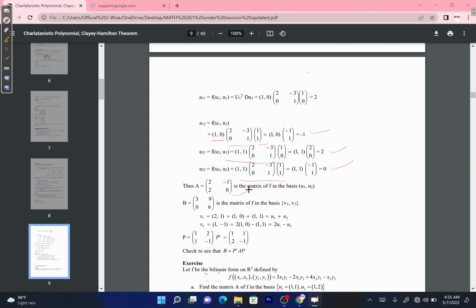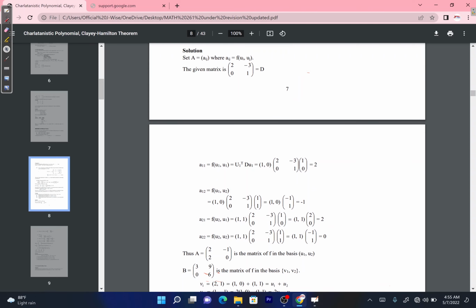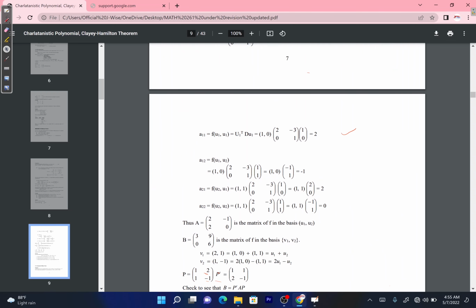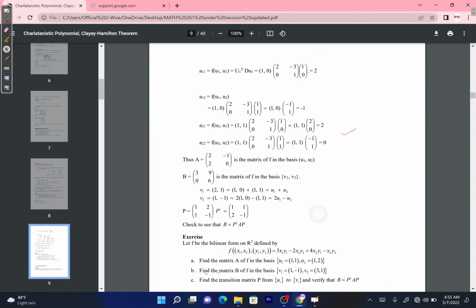Now let's move on to the second question. We are to find our matrix B of f in the basis V1 and V2. Let's form matrix B. You can let B be equal to B11, B12, B21, and B22. Then you solve for the unknowns, going through the whole process again.